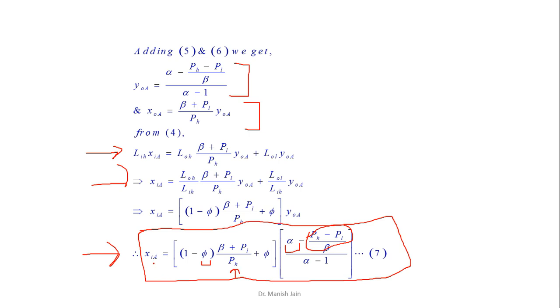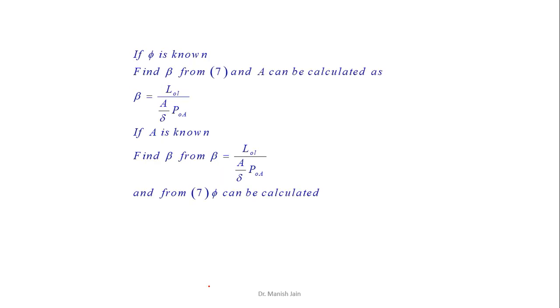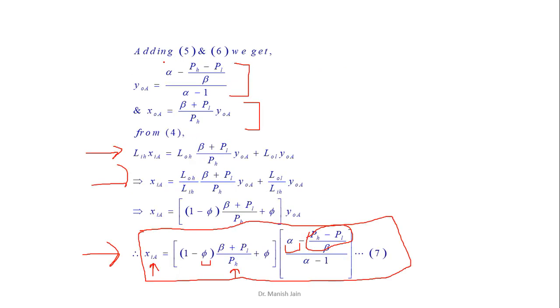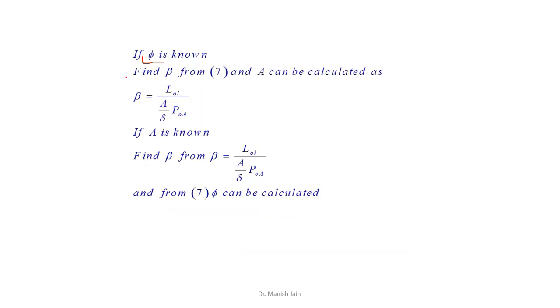XIA is the mole fraction of component A in the feed stream, how much A is present in the feed stream. So when you know all these parameters, if the stage cut is known, just substitute all the other values in this equation and calculate the value of beta. Once you calculate beta, you can calculate the value of A by using this equation.